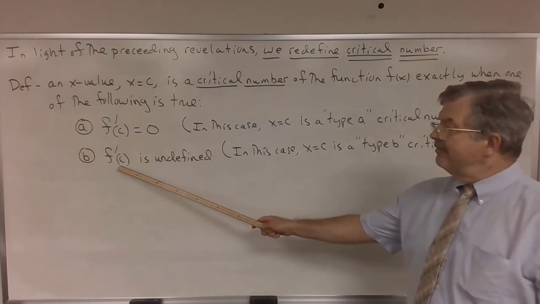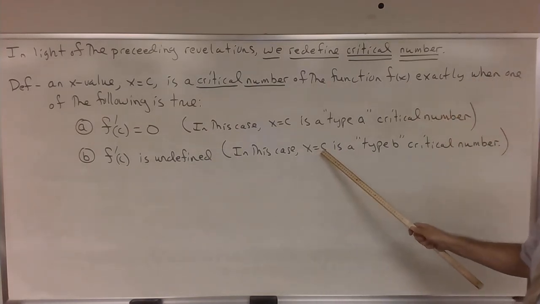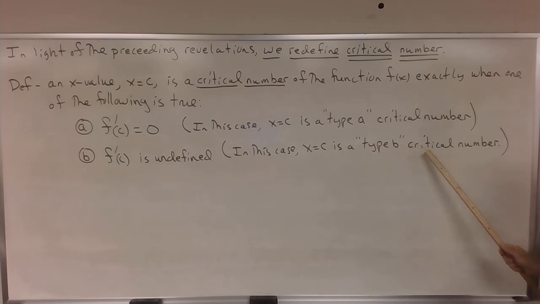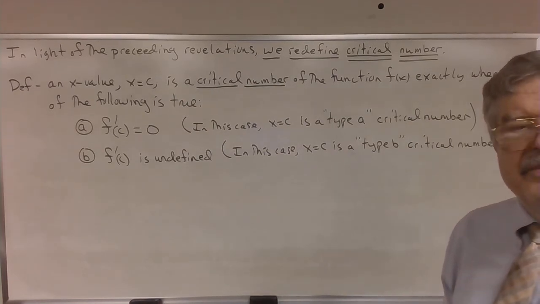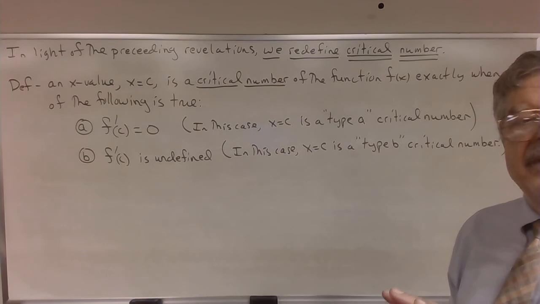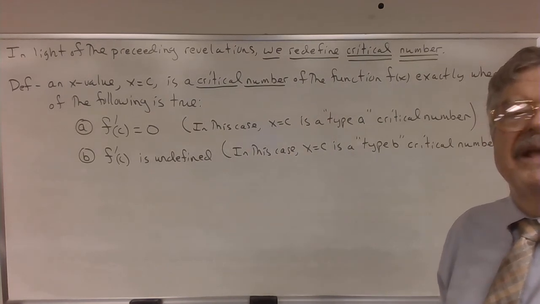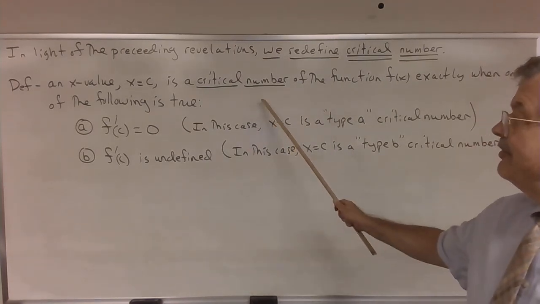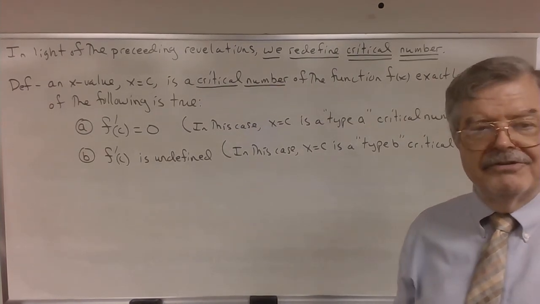Or f prime of c is undefined. In this case, x equals c is a type B critical number. This is going to be our new definition of critical number. This is going to be our definition of critical number from now on. We will not change this again ever. This is the definition of critical number that we are going to settle on.